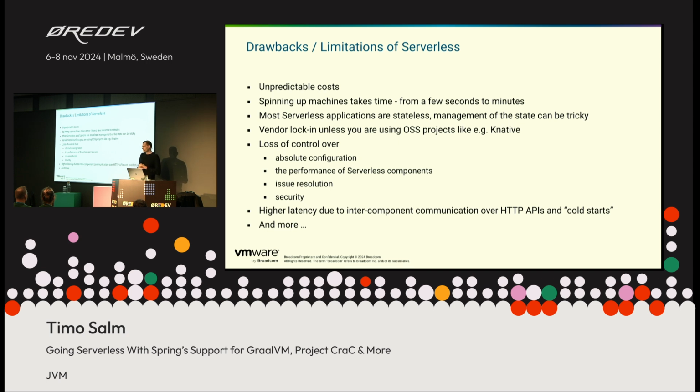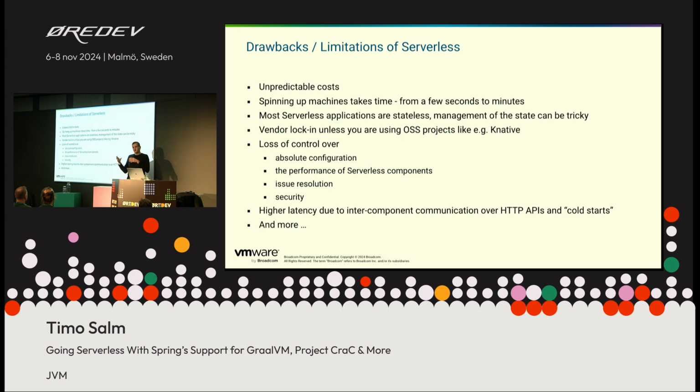Another problem we will try to mitigate is that spinning up machines takes some time. If you have scale to zero, with a standard Spring application, depending on its size, it can take several seconds until the application is ready to serve traffic. And within 10 seconds, most clients already time out, which means that they will fail.